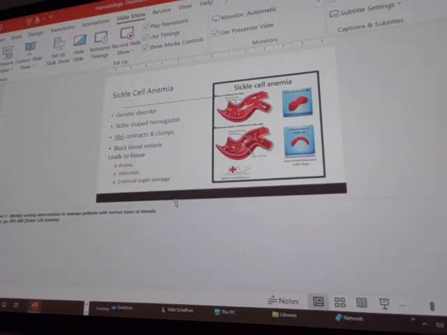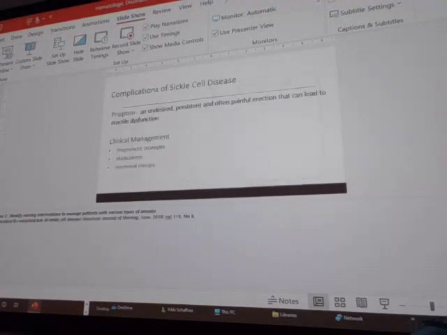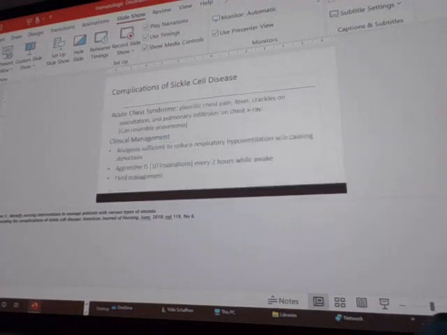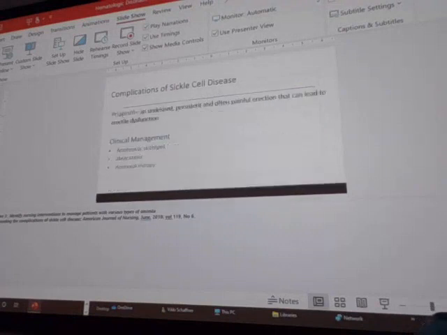Now, here's the last little slide we have, and I'm sorry, we're just not moving. Here we go. Sickle cell. Oh, let me go back up for just a minute. Avascular. Acute. Here we go, back up.